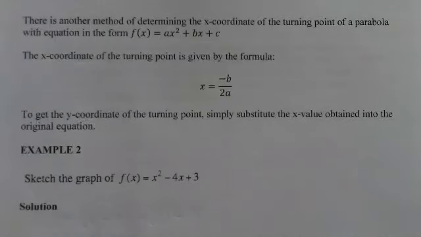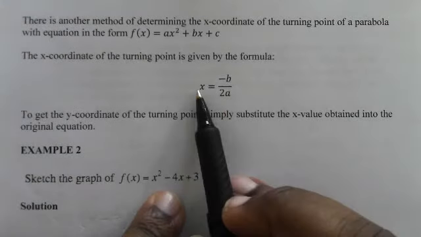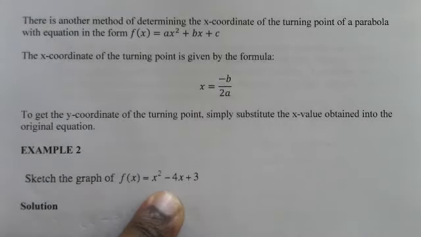The reason why I showed you that completing the square is because sometimes you do get questions in the exam where they will ask you to show that f of x can be written as this. In case you get a question like that, you need to know how to complete the square. But normally, if they don't ask you for completing the square, and I know most of you don't like it, you can just use this formula to find the axis of symmetry, negative b over 2a.